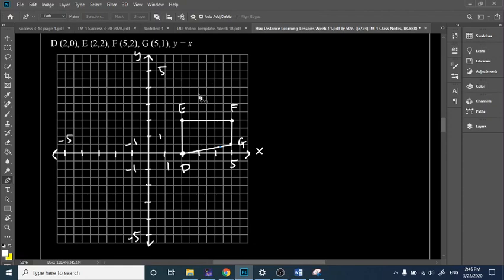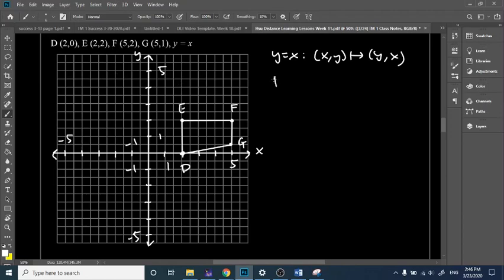So if you remember from the chart, y equals x means that we're going to take the xy coordinates and we're just going to switch the x and the y. So that means, again, you can do this thing again: pre-image, image.